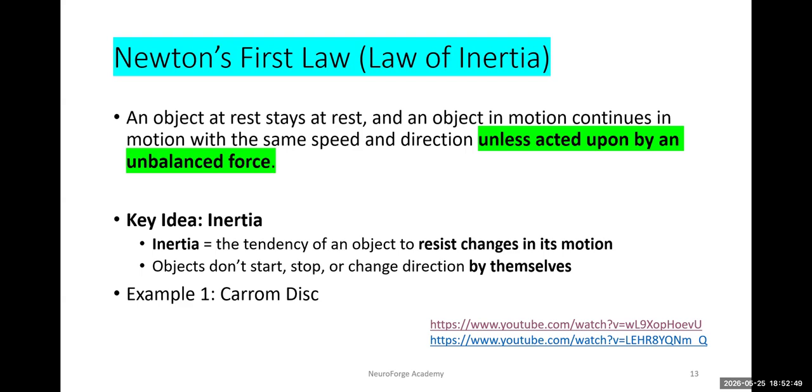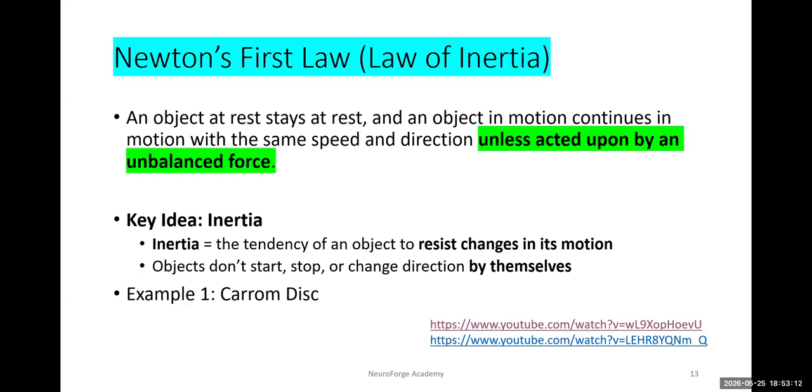Better you write this down. Newton's first law. Or else you can write it in point form. An object at rest stays at rest. An object in motion continues in motion unless acted upon by an unbalanced force.